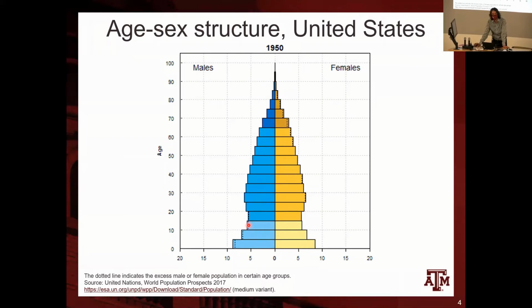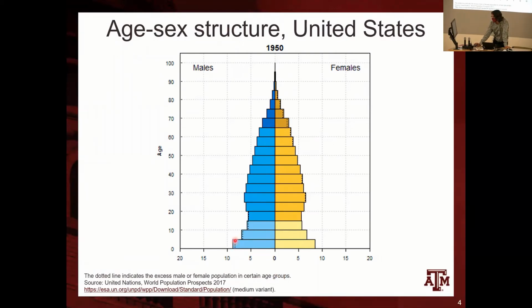Another interesting thing in this graph, which most age-sex structure graphs don't have, is these dotted lines. The dotted line indicates the excess male or female population in certain age groups. So even in the US, where there is not a preference for sons, you still have more boys being born than girls.